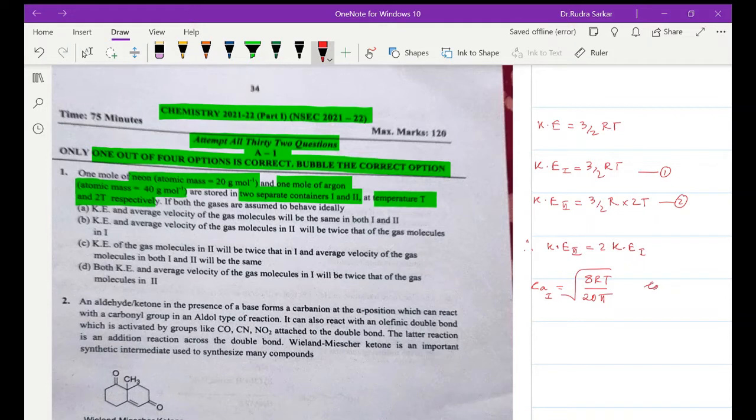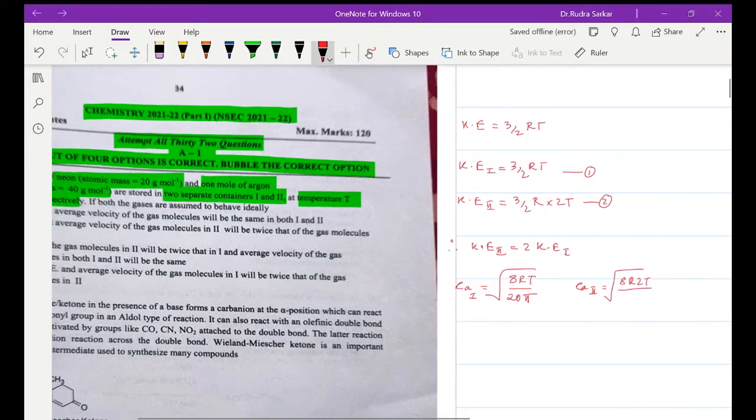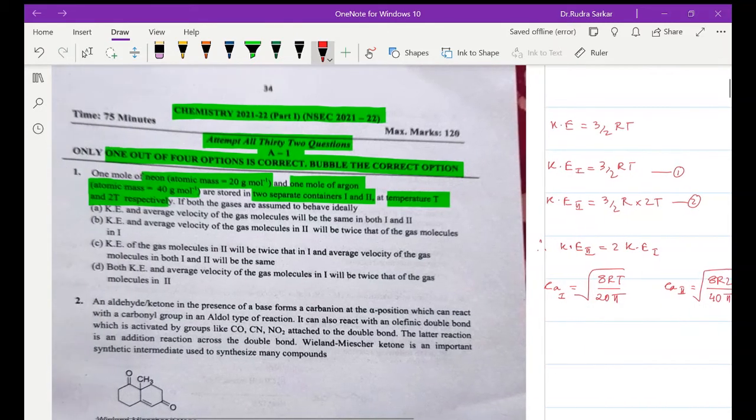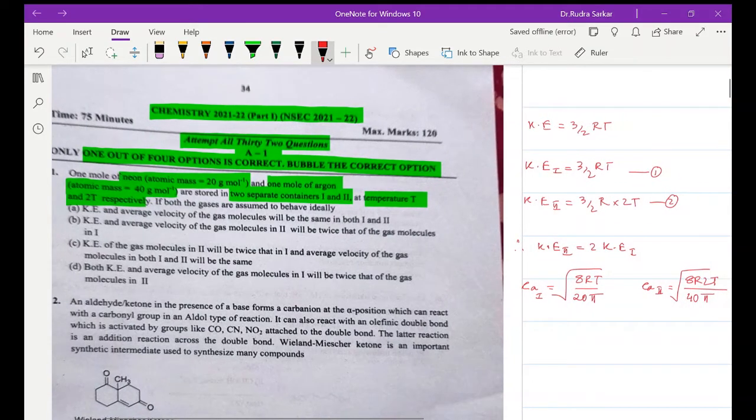And the C average for container 2, using the same formula, is 8 R 2T divided by 40 pi, because the gas in container 2 is nothing but the argon.